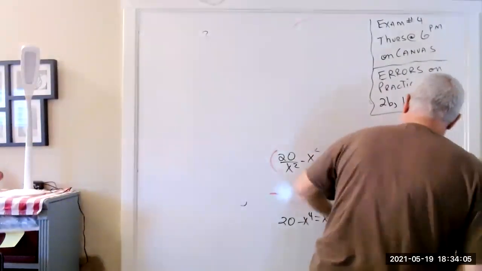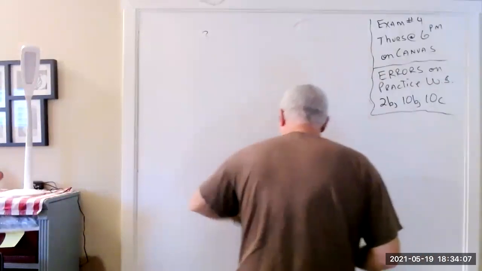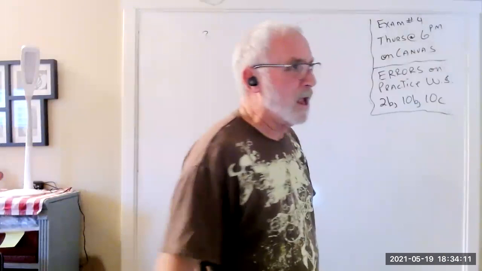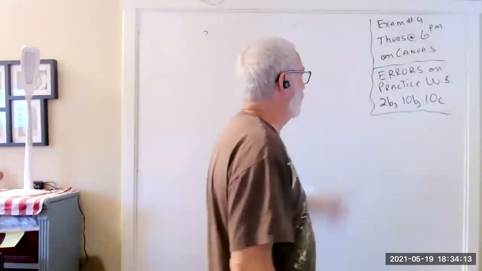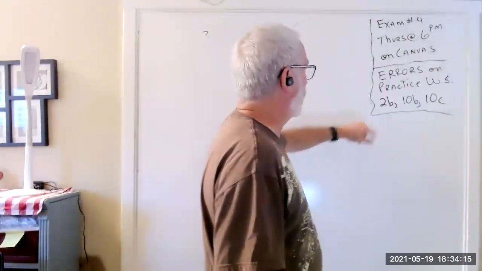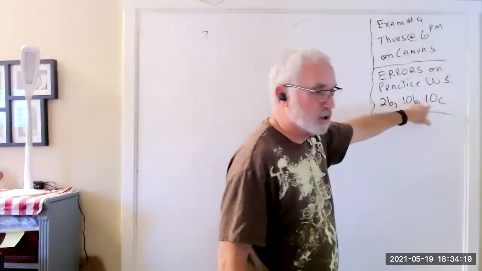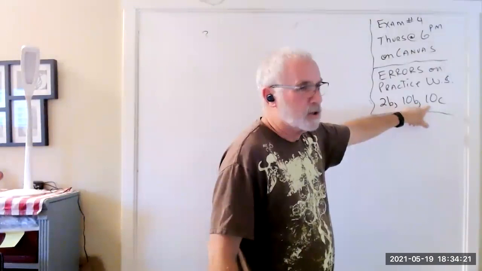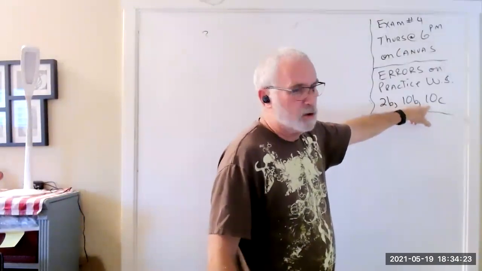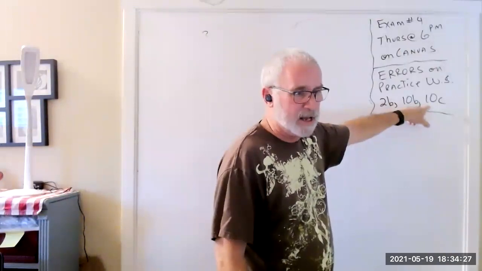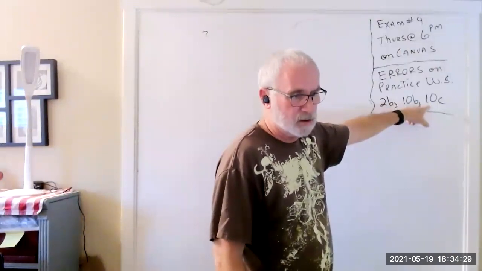Did you update the practice worksheet on Canvas? Yeah, remember Anne found 3 errors on the practice worksheet: 2B, 10B, 10C. I'll give you those answers, but I updated the worksheet. You don't have to run them off. You just might want to look at them and scribble out the answers you had and put the correct answers on.